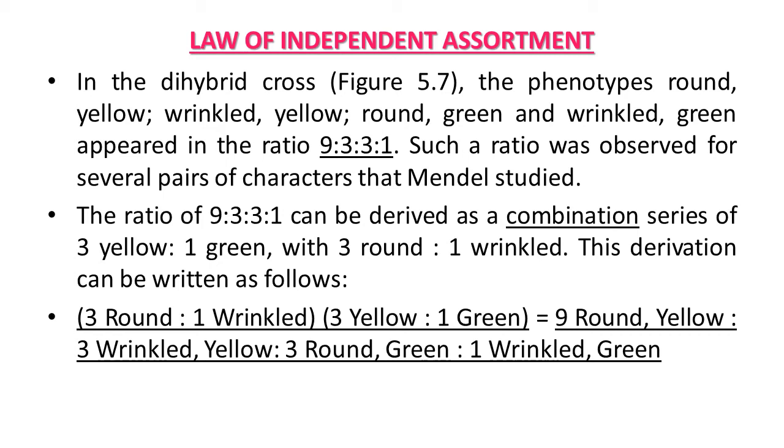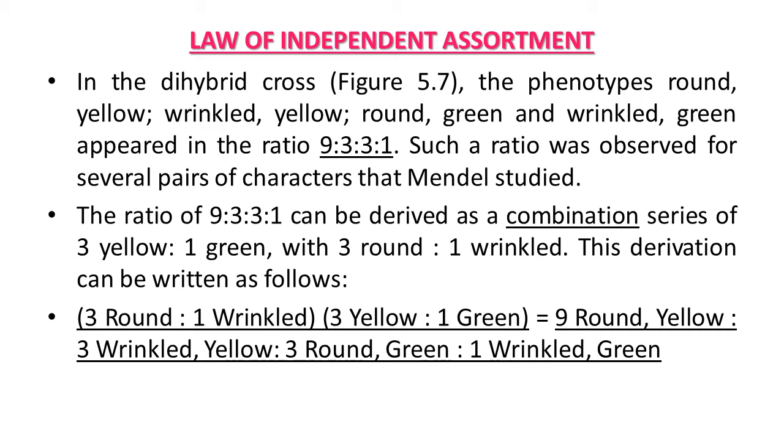This ratio was observed for several pairs of characters studied by Mendel. So in a dihybrid cross the expected ratio is 9:3:3:1. The ratio of 9:3:3:1 can be derived as a combination of a series of 3 yellow, 1 green with 3 round, 1 wrinkled.